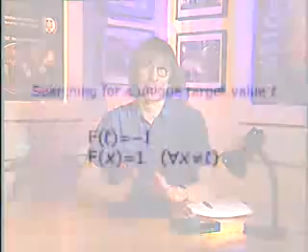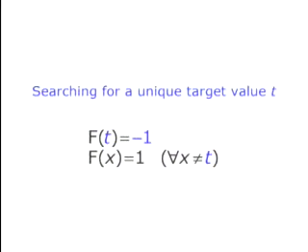Anyway, suppose that there's exactly one value that meets the criterion in the range that we want to search. That's the target value t with f of t equals -1. For all other values x not equal to t, f of x equals +1. And we're given a classical reversible algorithm for evaluating f on an arbitrary L-bit input.